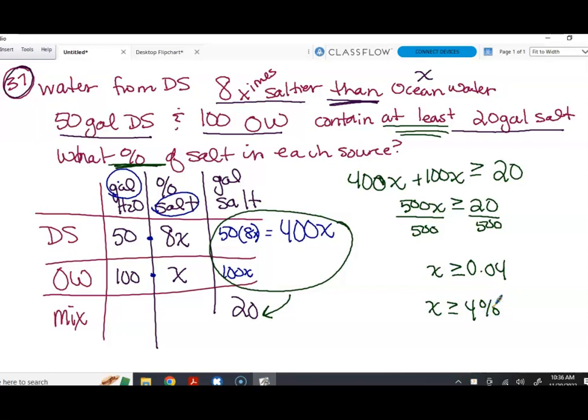Is it Dead Sea or is it ocean water? X is ocean water. So our ocean water is greater than or equal to 4%. And so our Dead Sea is greater than or equal to 8 times 4, which is 32%.